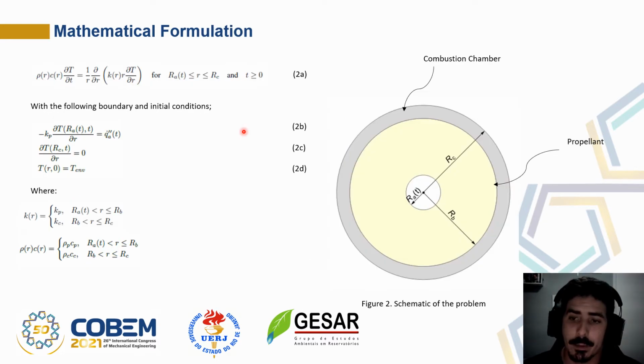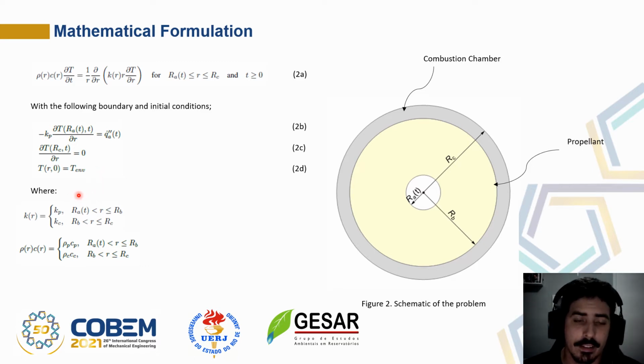The combustion chamber and the propellant have a cylindrical geometry, so I'm going to consider the heat conduction equation in the cylindrical form, with the following boundary and initial conditions, where inside I'm going to consider a heat flux caused by the combustion of the propellant, outside I'm going to consider that it is insulated, and the initial temperature is the environmental temperature.